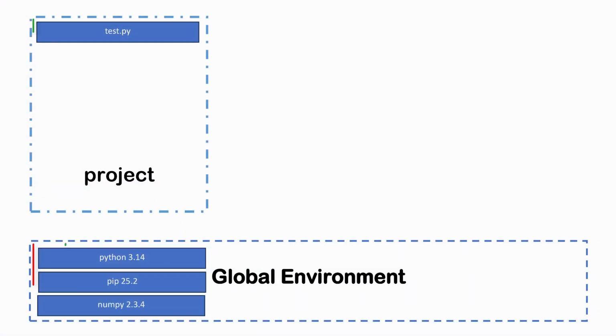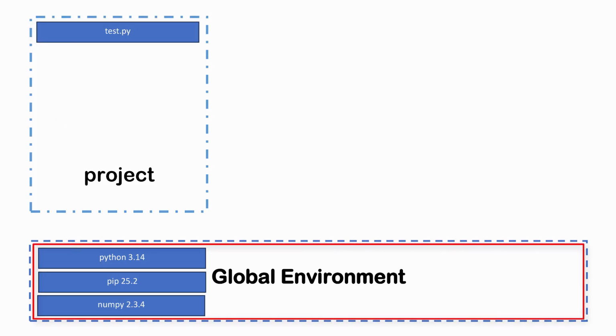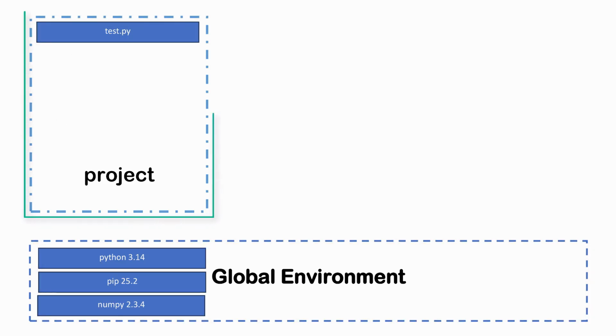Up to this point, our test.py file has been running using Python, pip, and NumPy from the global environment. Now, it's time to create a virtual environment specifically for our project. This means the project directory will become a completely isolated environment, separate from the global setup.